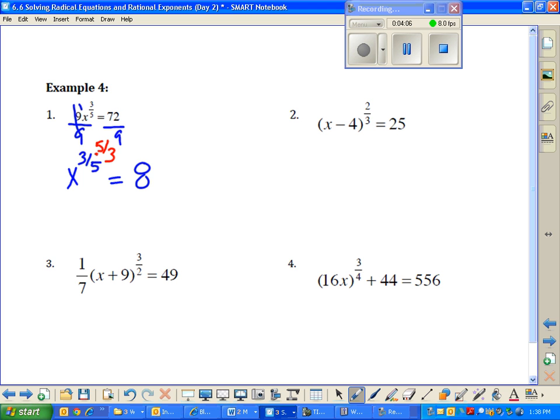And when I do that to the left side of the equal sign, I should also do it to the right. Now that's super handy because I know that 3 times 5 is 15, and 5 times 3 is 15. Essentially what I get is x to the 15/15 power.